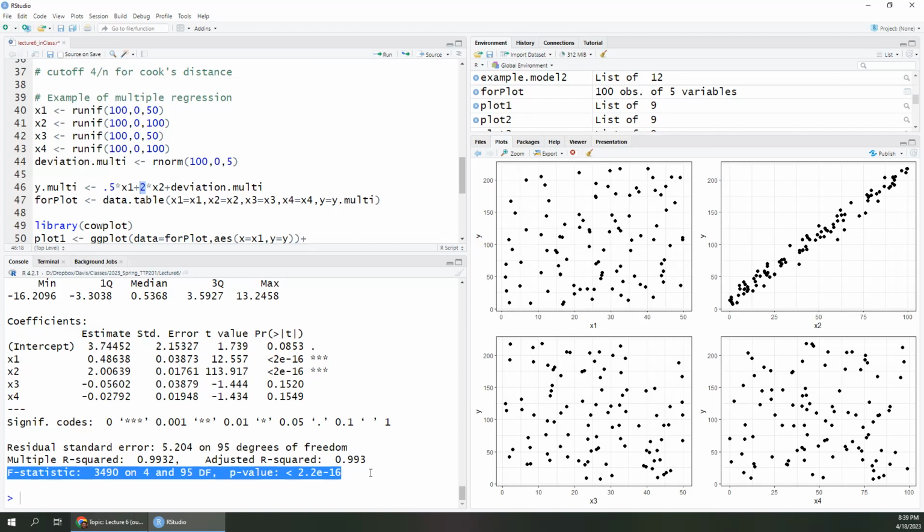Okay, and so hopefully this is a nice visual example of the fact that a multiple regression is a powerful tool that will identify trends that you can't really see visually.